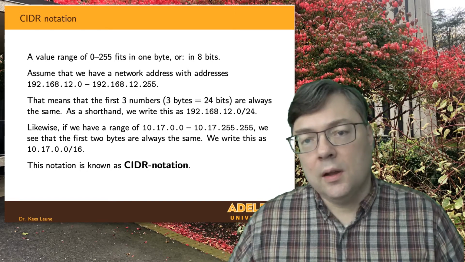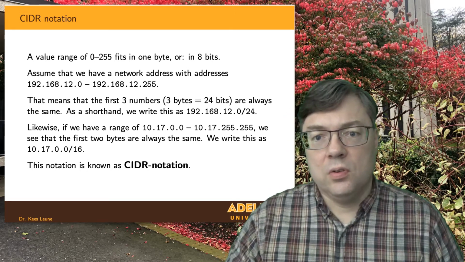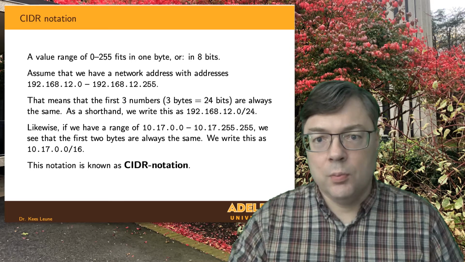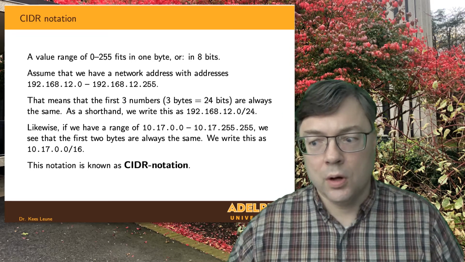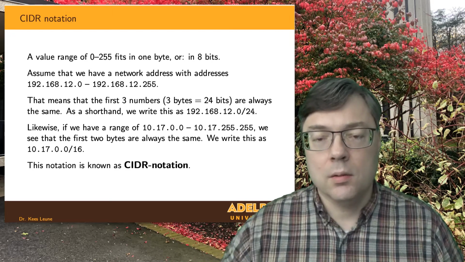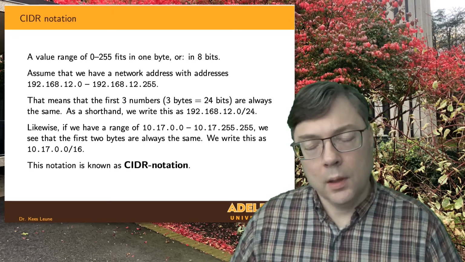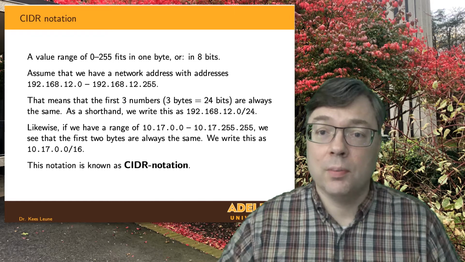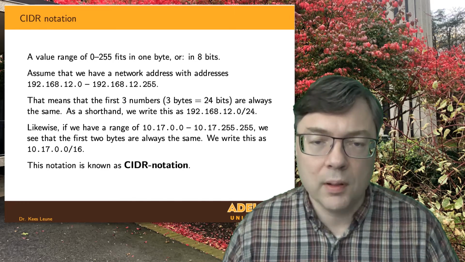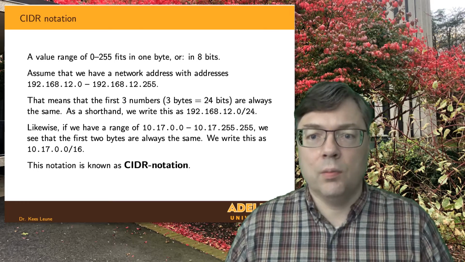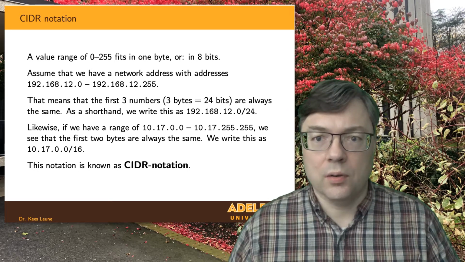Now, let's take a closer look. Each of those positions can have a number between 0 and 255. In other words, 2 to the power of 8 possible values. And that's 8 bits, and 8 bits is a byte. The number 256 to any computer science major should be really familiar, because that is the number that 1 byte can hold unsigned.